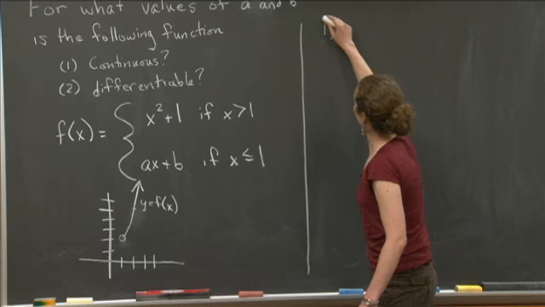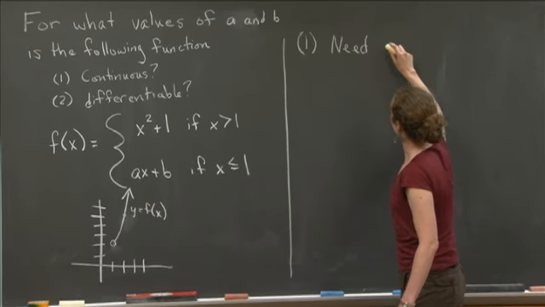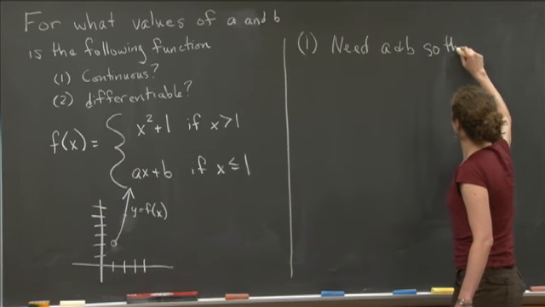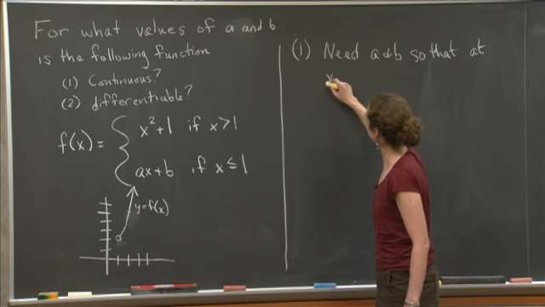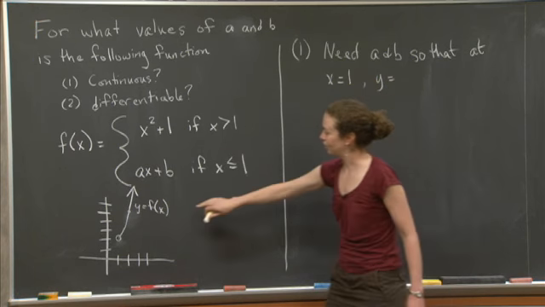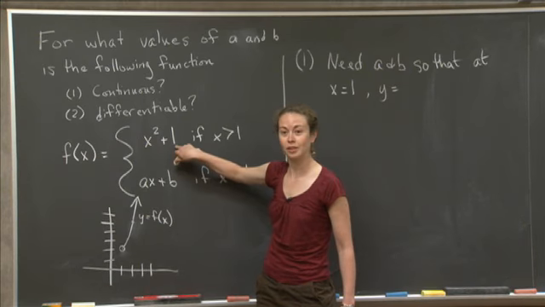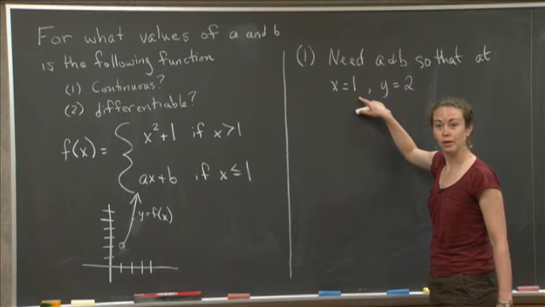So to answer question 1, I need a and b so that at x equal 1, y is equal to, well, if I put in 1 here, what do I get? I get 1 squared plus 1. So I get 2.